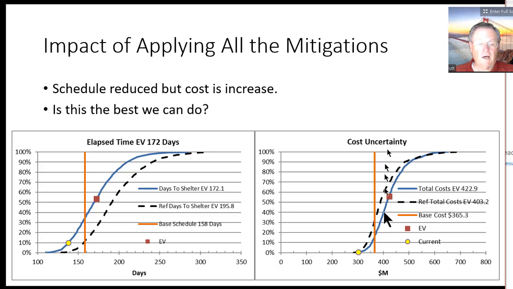And on the cost side, it actually increased because we did things that were going to cost money for the mitigation. And so the EV cost increased from 403 to 423. We had a base cost here of 265. So we're even getting further away from our base cost.